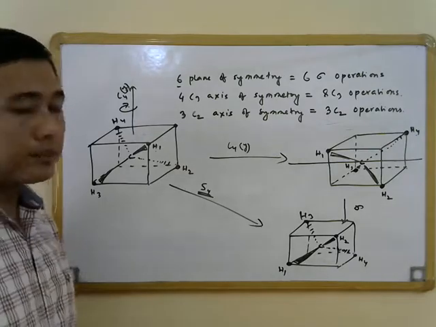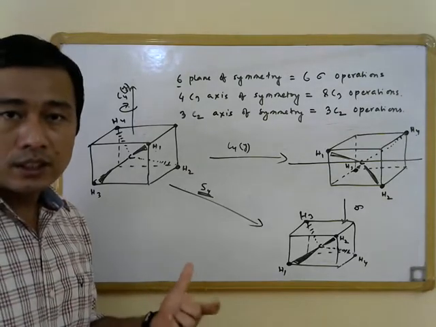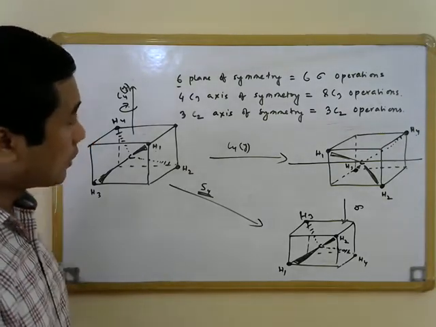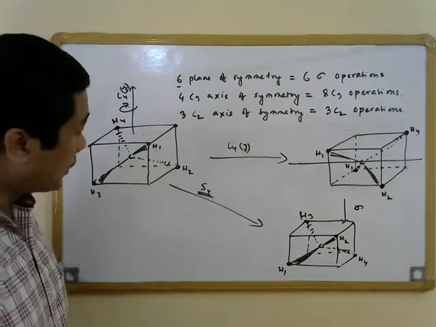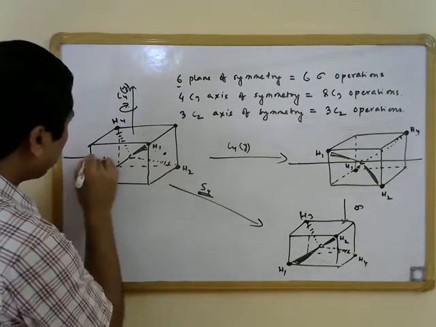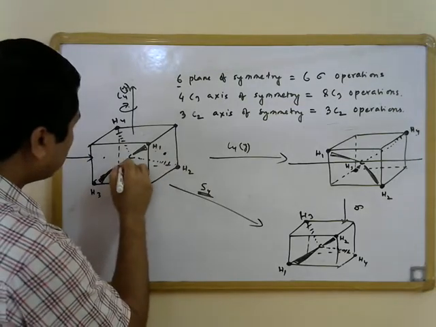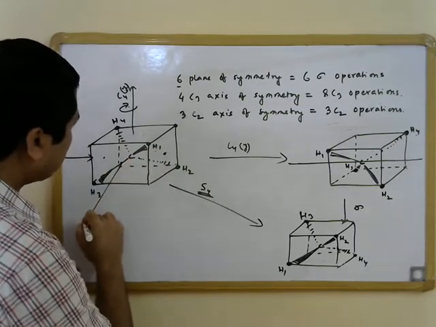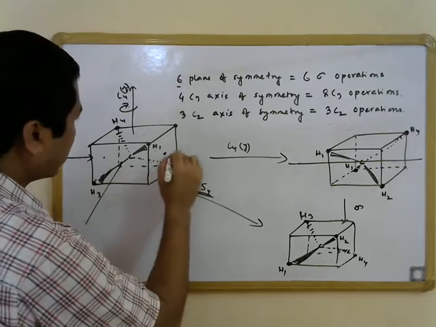And as we have identified the three C2 axes of symmetry in the tetrahedral molecule, the C2 axis of symmetry passes through the center of opposite faces in the cube in this way.